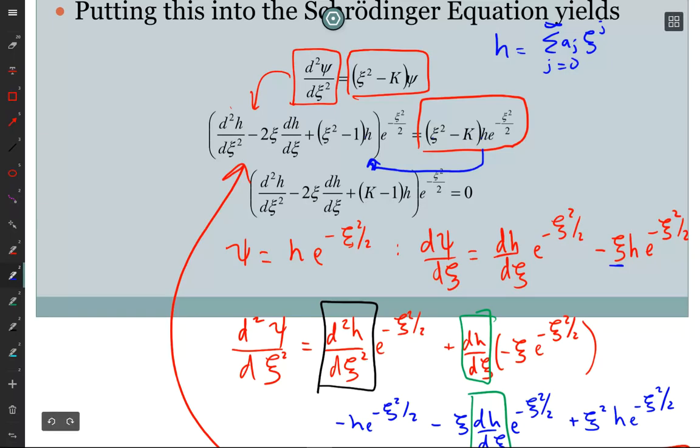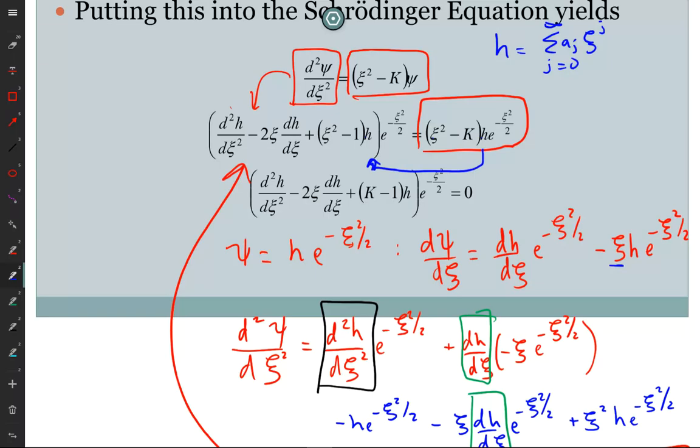For this to be true, either c has to be infinity. Well, we know that. That's how we found that solution. Or the thing in parentheses has to be 0. Right? If you have a times b equals 0, either a is 0 or b is 0. So that's what we're doing here.